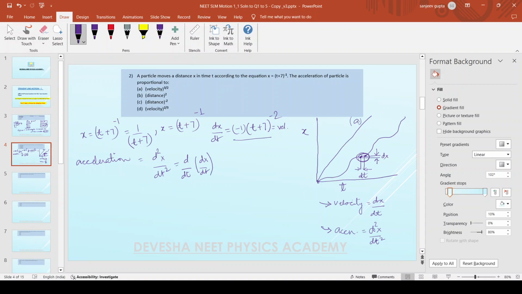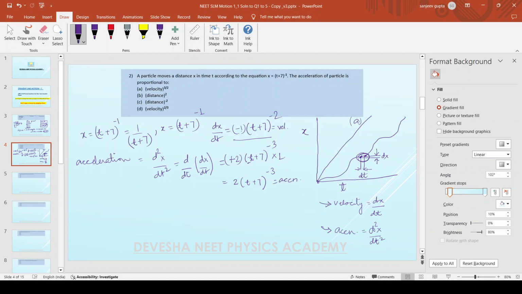If we differentiate this once again, we'll get minus 1 into minus 2, which is plus 2, and (t+7)^-3. We don't have any coefficient for t here, so we don't have to do anything. So this is into 1. This becomes 2 into (t+7)^-3. So this becomes the acceleration.